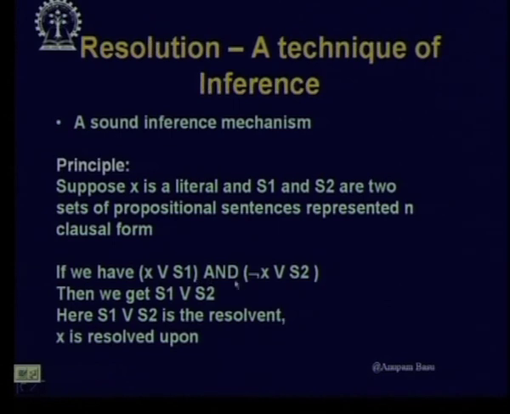Here, x and not x will vanish, because x or not x is always true. So, it comes to S1 or S2. This entire thing is called the resolvent. That means, we have resolved these two in order to get this, and x has been resolved upon.